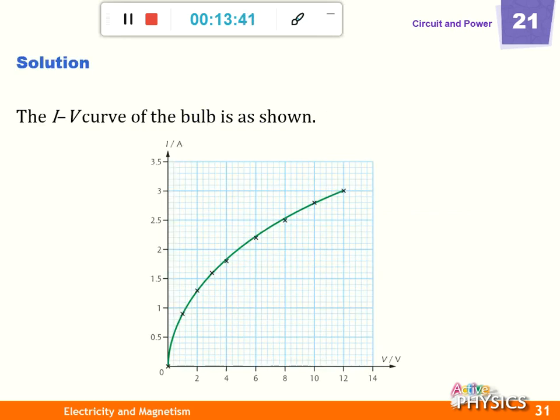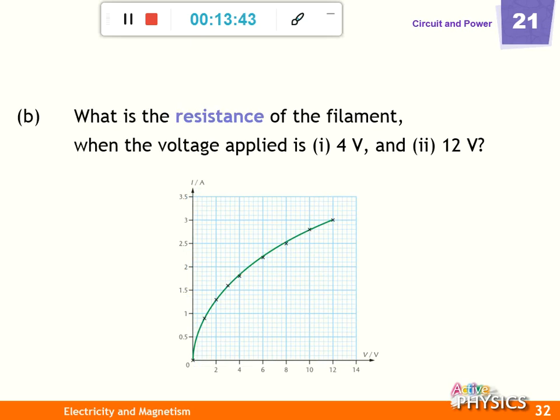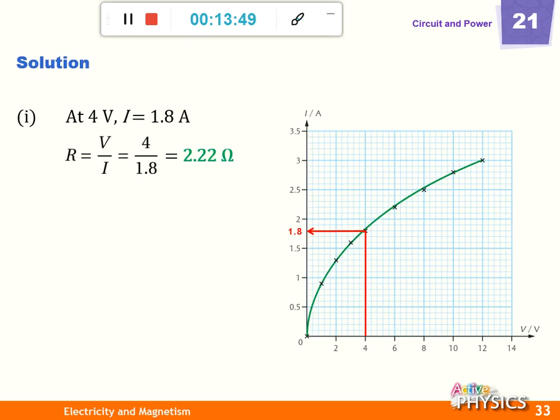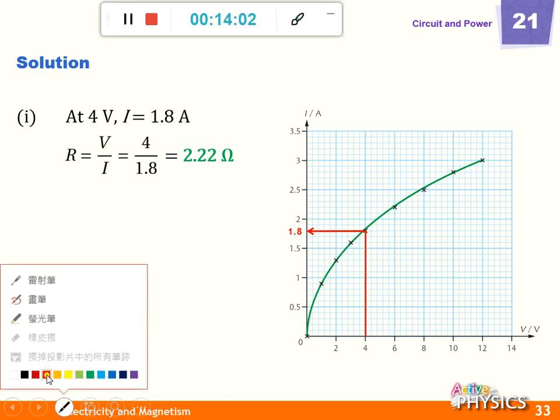Here, what is the resistance of the filament when the applied voltage is 4 and 12? Look at this. If the voltage is 4, the corresponding current when you look at the graph will be 1.8. You just need to find the ratio. It means the slope of this part.